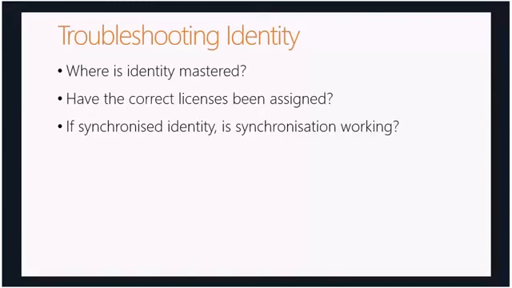So again, if there are issues and you do identify them, it may be easier simply to reinstall the synchronization tool on another server to overcome those issues. But make sure you go in and check that synchronization is actually working, is actually synchronizing on a regular basis, because if a user property changes or their password, for example, changes, then that may not be synchronizing to the cloud and may be the cause of the issue.